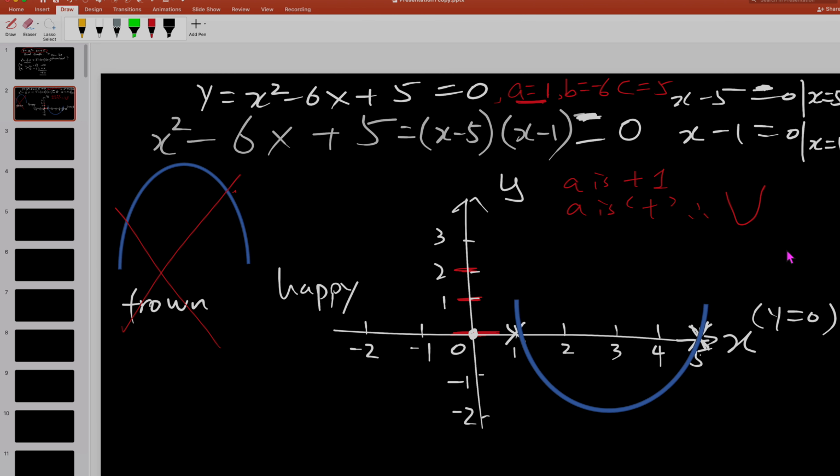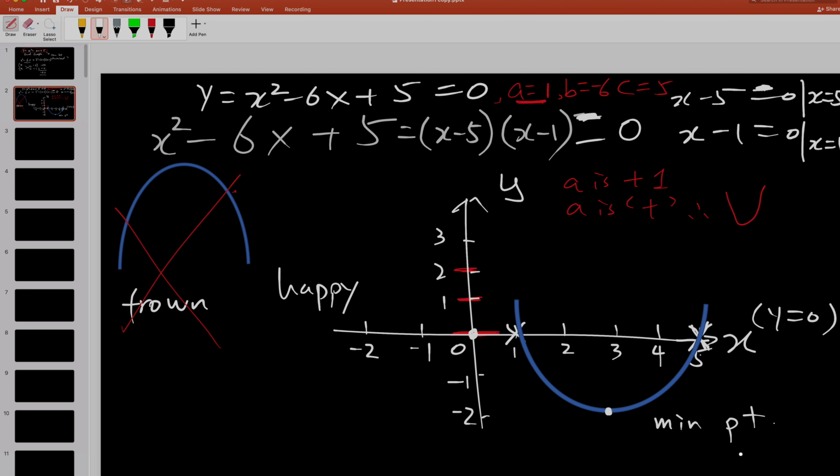So what's so special now? You have these 2 points already. What is the other important point? This one. What point is this? The minimum point, right? Correct.